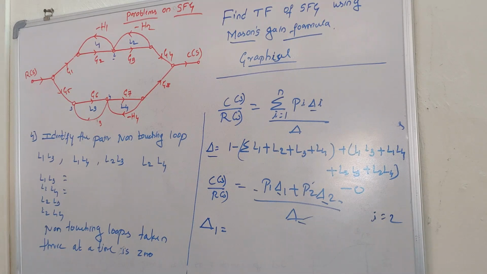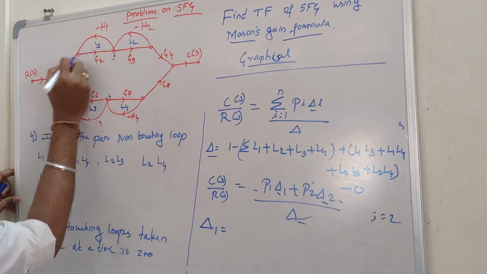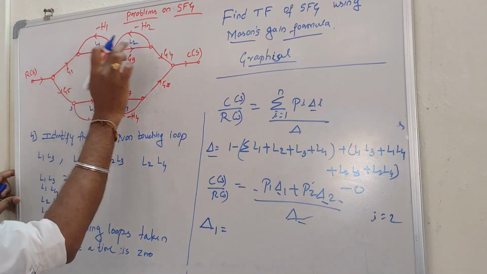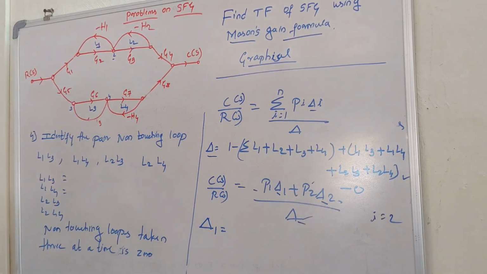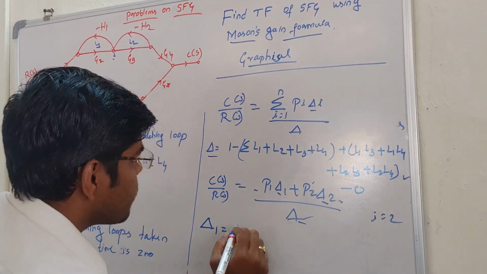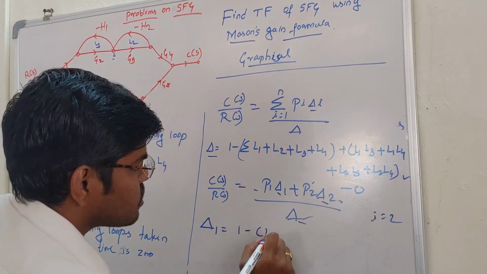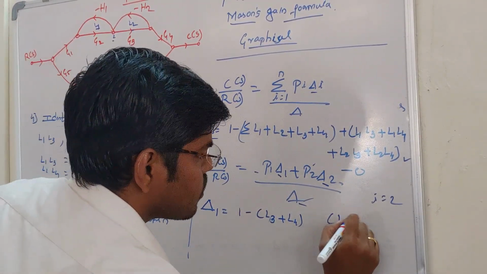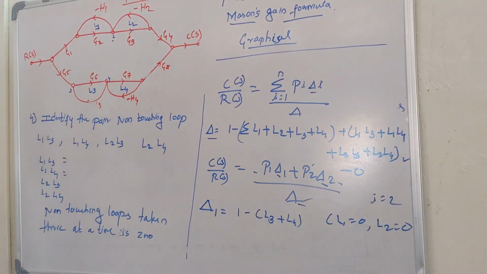So eliminate the loops that touch the first forward path. Loop L1 is touching the first forward path and loop L2 is also touching it. So eliminate these two loops in the determinant and make L1, L2 0. Then the determinant reduces to 1 minus L3 plus L4, because L1 and L2 are 0, as these two loops touch the first forward path.